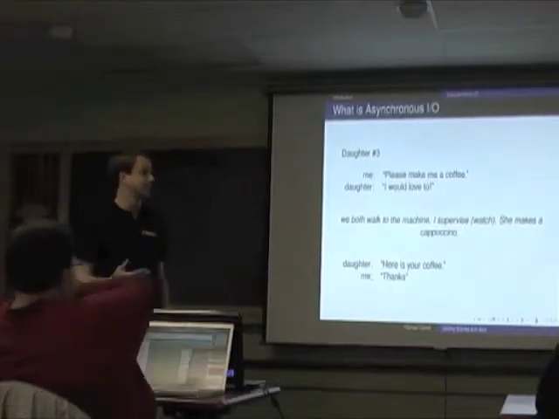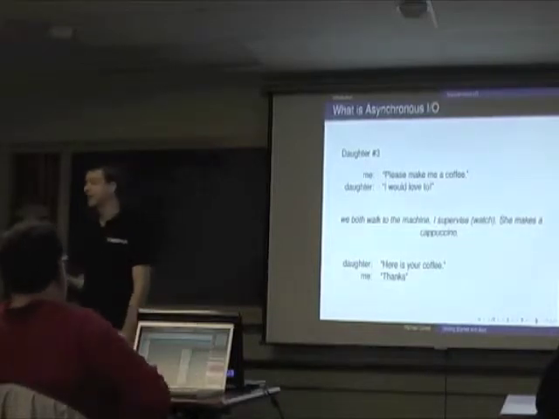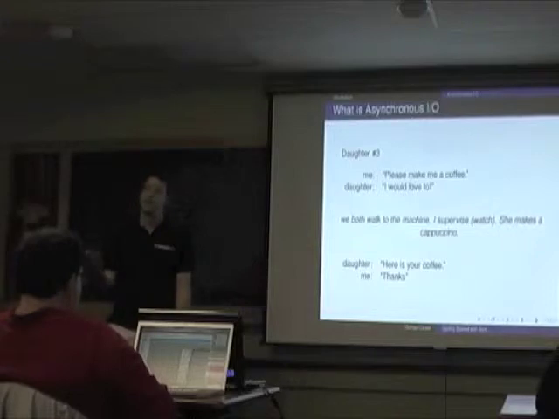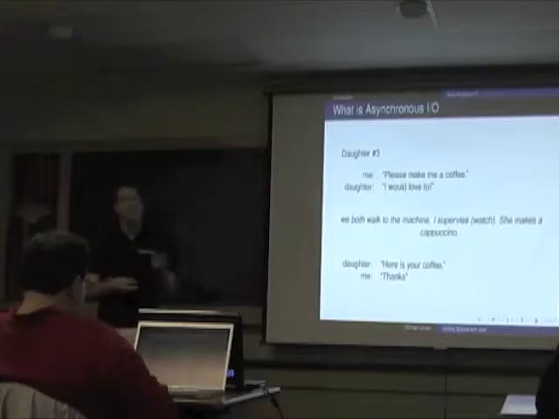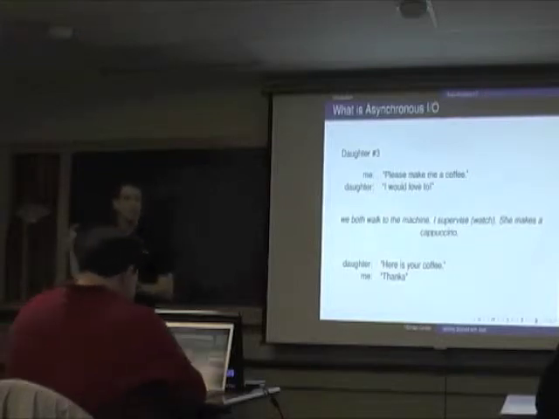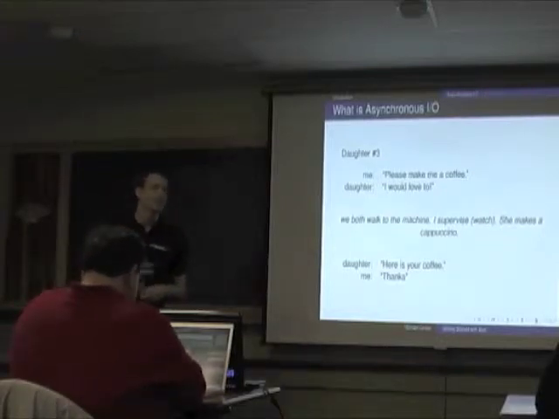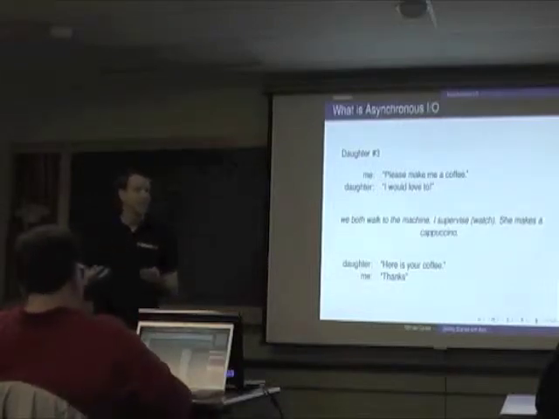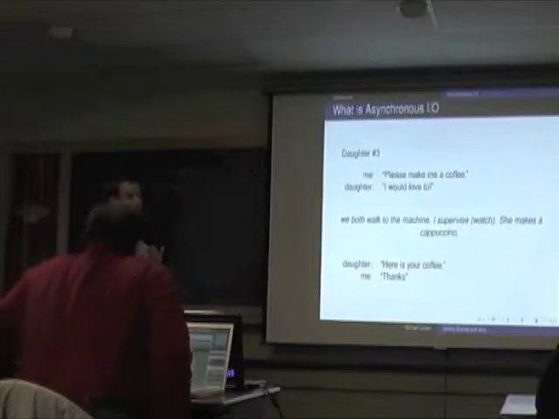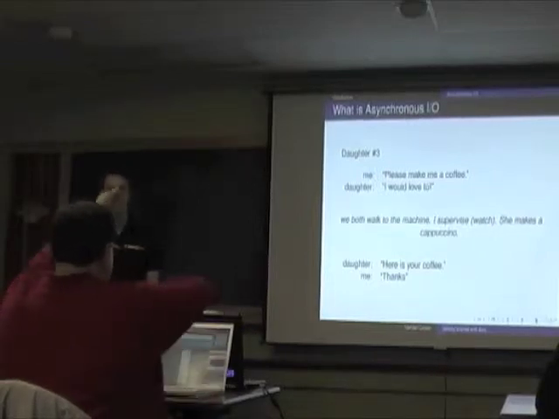So the end result is I ask for a coffee, she gets excited, she wants to make me a coffee. We both go downstairs, we hang out at the machine, she makes it work, I sit there and wait. She gives me my coffee, I say thank you, I go back upstairs, I sit down. That is not an asynchronous type of mode to get coffee, all right? I made a request, I sat there and I just waited for the thing to occur.